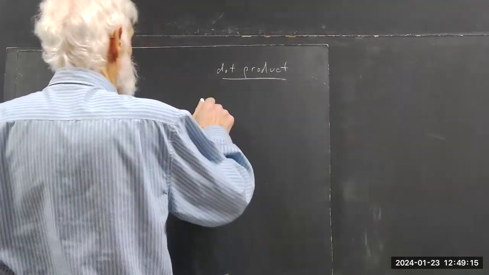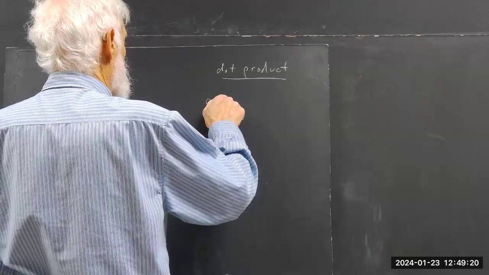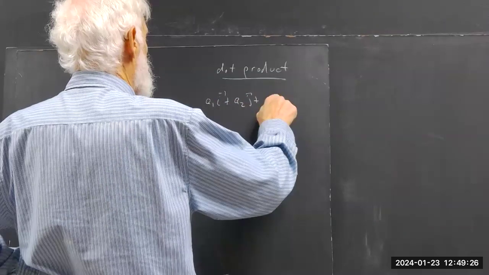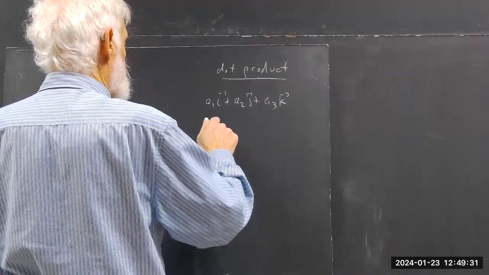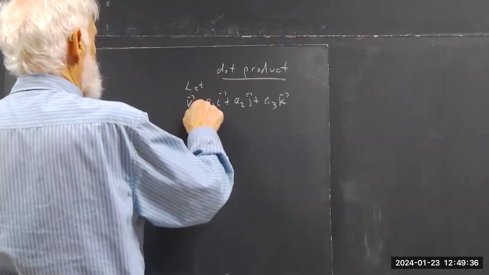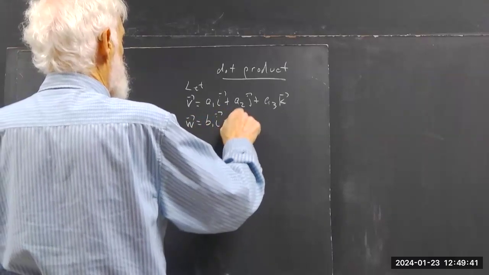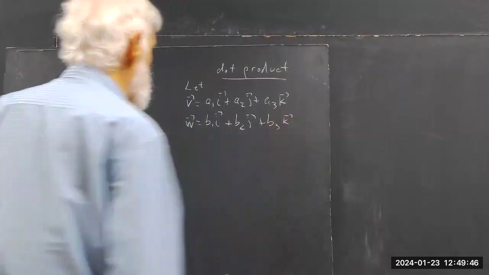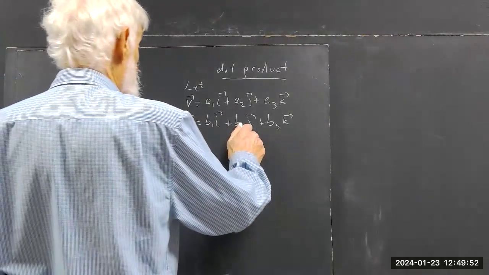Okay, but V equals A1I plus A2J plus A3K. Well, let's say left. W equals B1I plus B2J plus B3K.